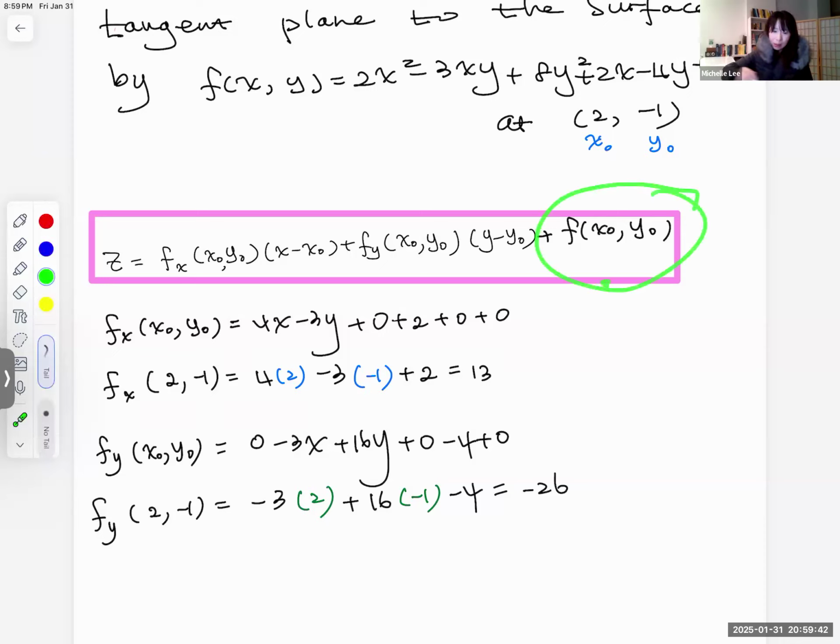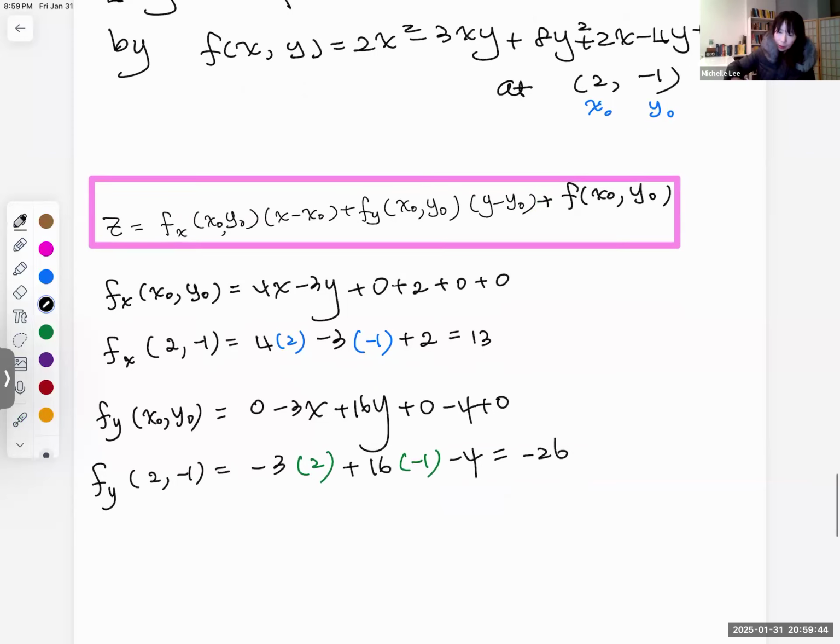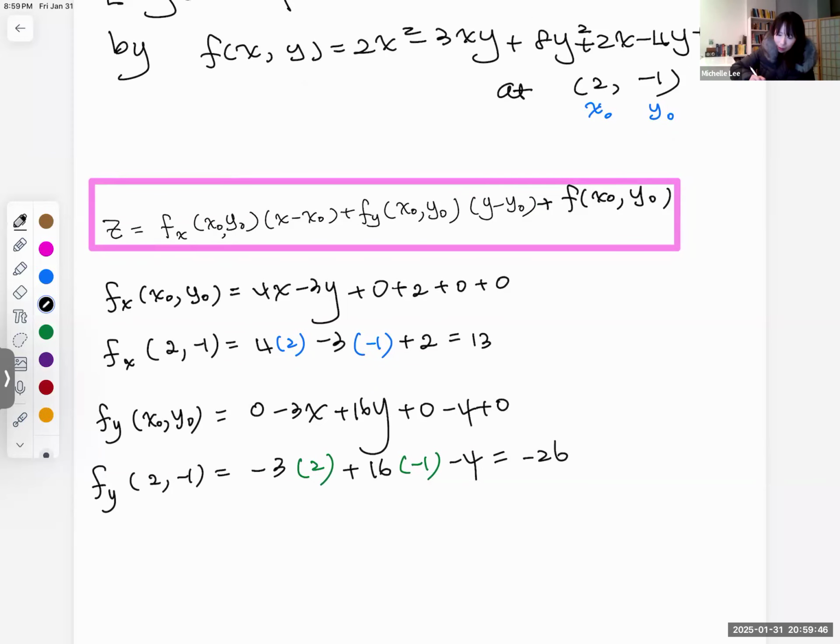Okay, how about this? We need to evaluate f of 2 and negative 1. So we substitute x equal to 2, y equal to negative 1, right?